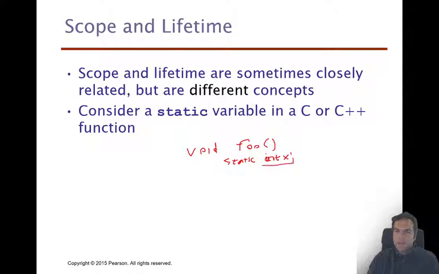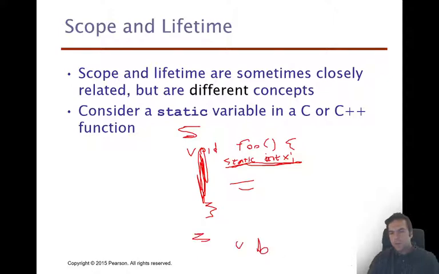This x has a lifetime, maybe there's a curly brace, some more code. This variable static int x has a lifetime which is static. It lives for the entire time of your program's executing. But it's only visible in this scope. You can't see it out here, you can't see it out there. If you have some other function, void bar, you can't see it there either, right?